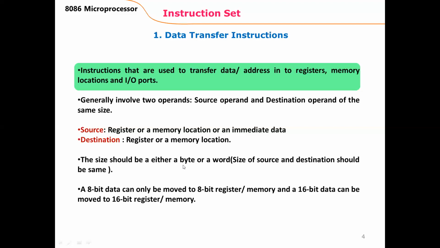Byte operation means we are dealing with 8-bit data. If we are dealing with 16-bit data, it is known as word operation. For a word operation, 2 data bytes are used. In the case of memory, 2 consecutive memory locations are used to store a 16-bit number. This we need to take care of.